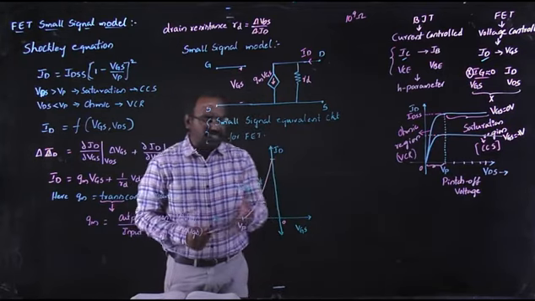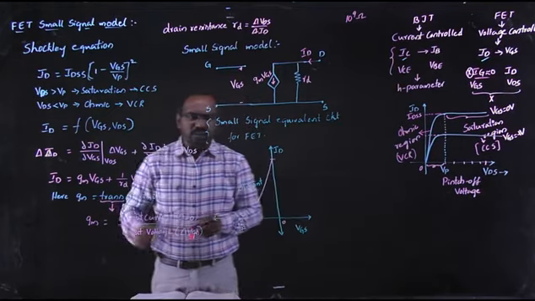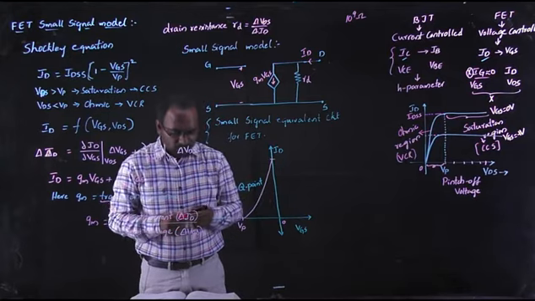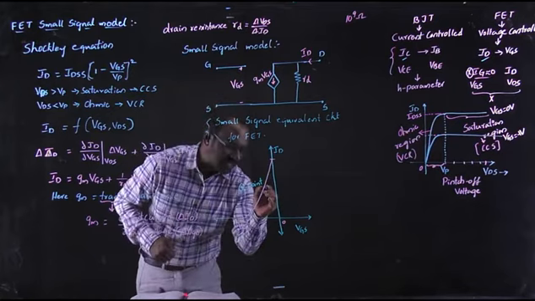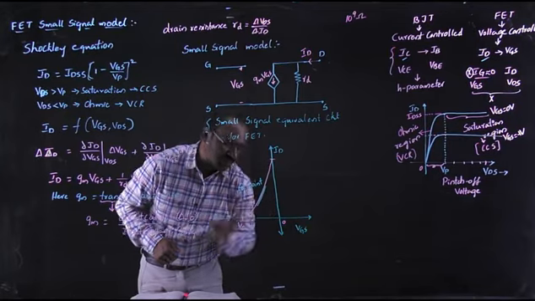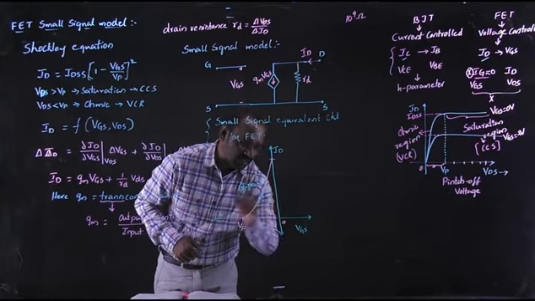Generally the slope at this point is going to give the gm value. So at the Q point, the quiescent point, to find the slope we will draw a tangent line at this point.